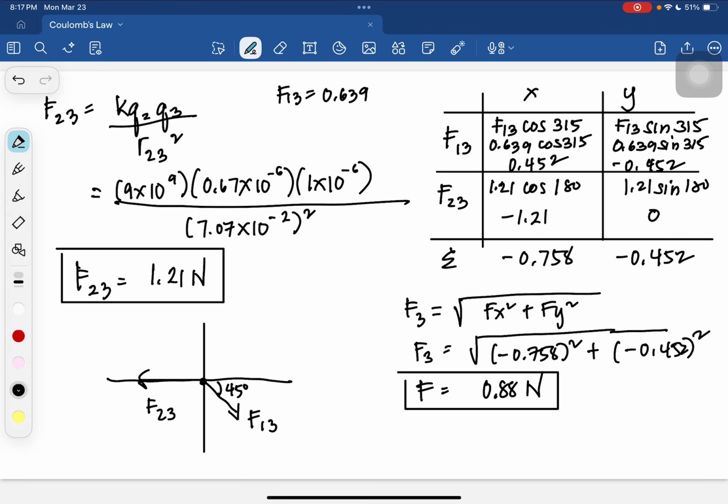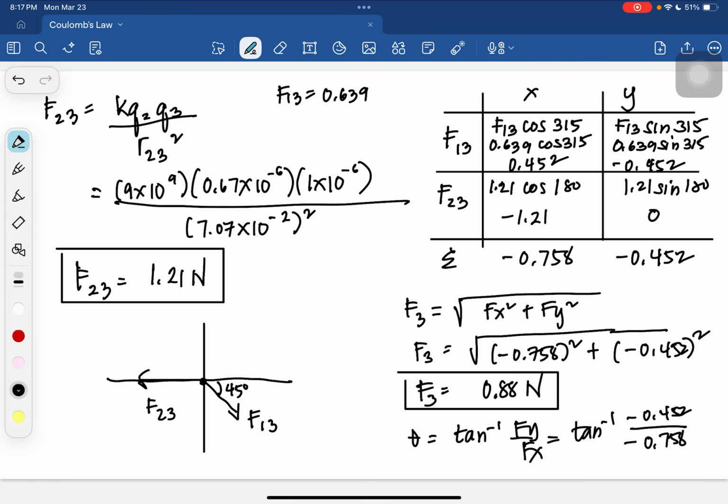And where is it located? You can do a tangent function. Theta is equal to tangent negative 1 of Fy over Fx. It's tangent negative 1 of Fy negative 0.452 all over negative 0.758.